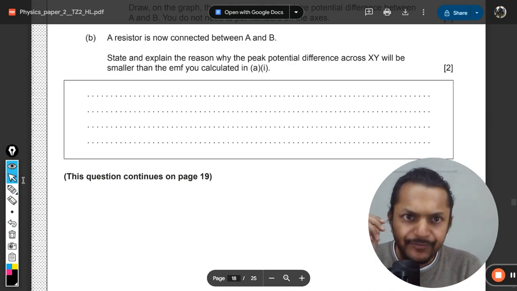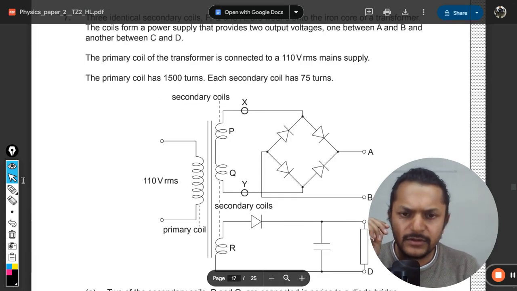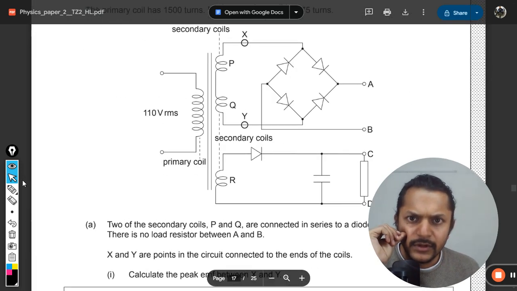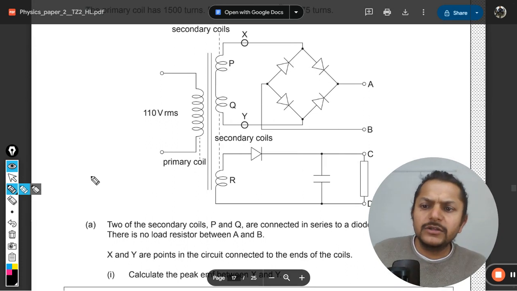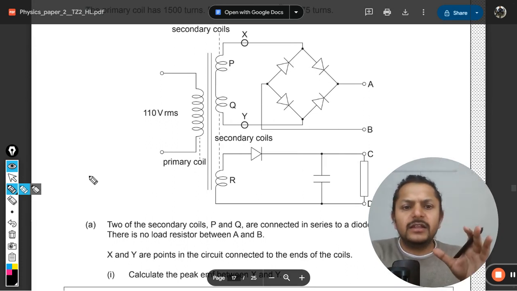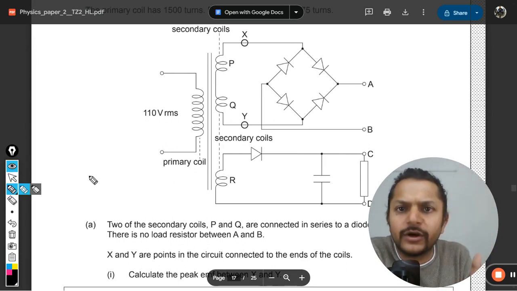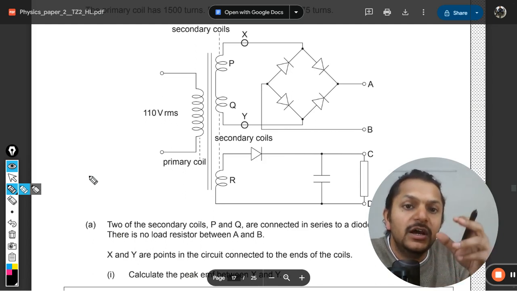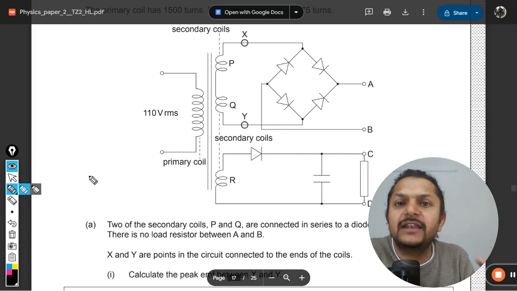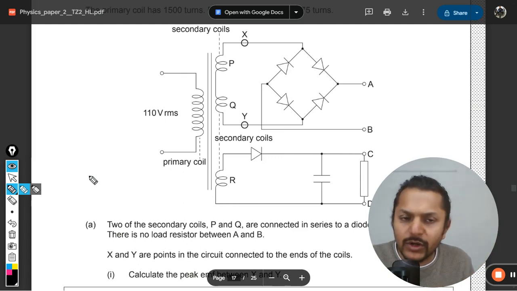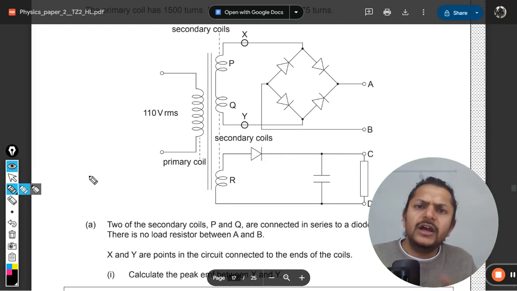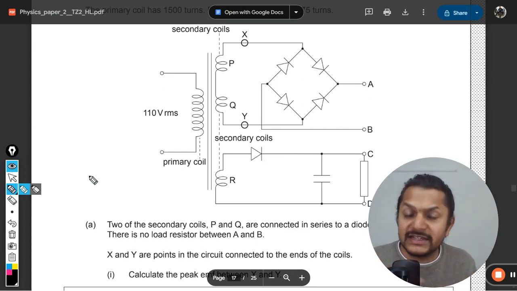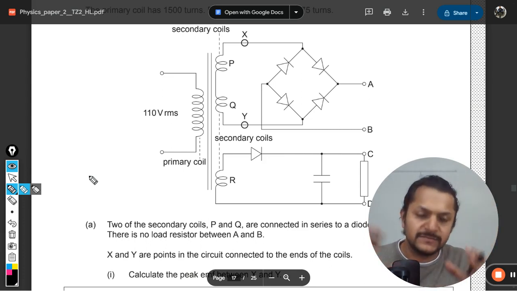Okay, let's see. So we can say here, if we have to answer it, because it is given in the question itself, why the voltage difference will not be that big, why it will not be equal to the peak voltage, it will be lesser. Clearly there will be some losses there, so we have to incorporate some losses.